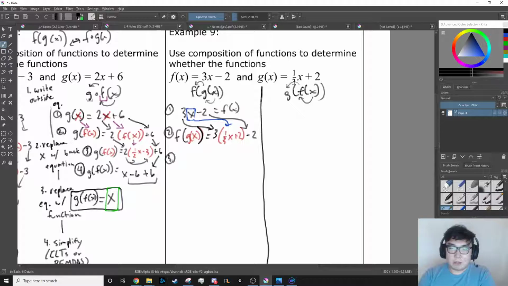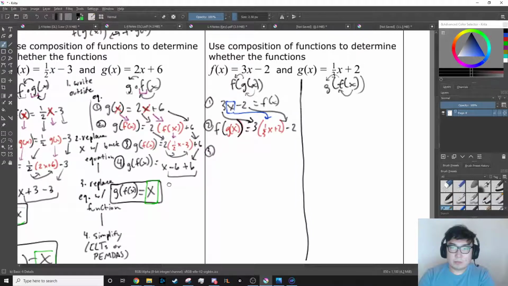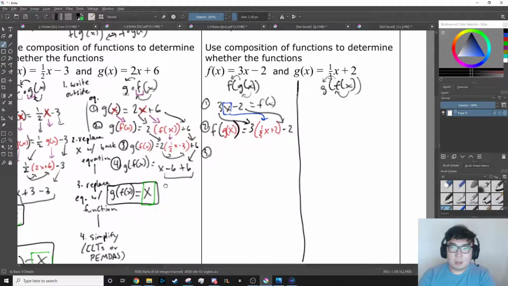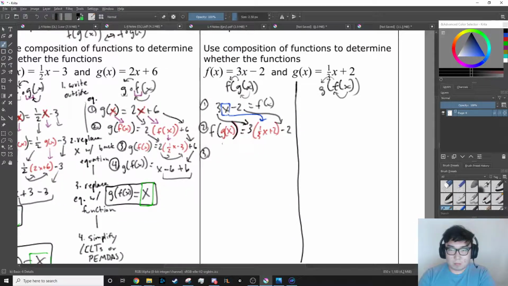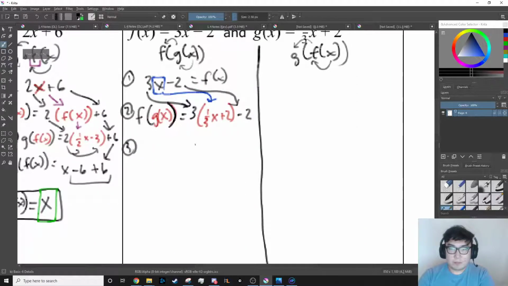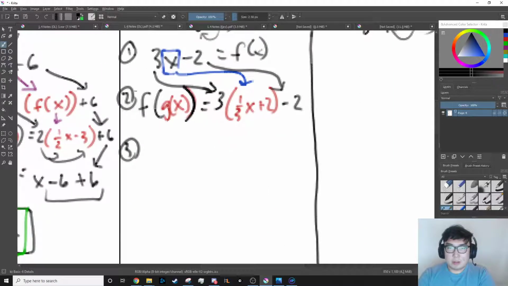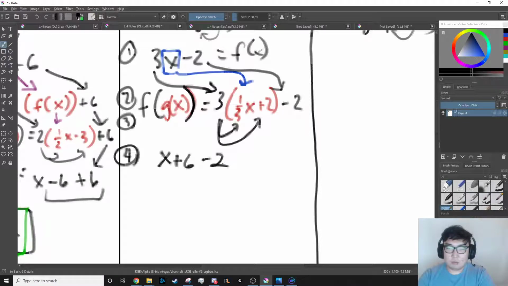Step 3. I already did step 3. Okay, let's just simplify. So step 4. Simplify. 3 gets multiplied into both of these, so it's going to equal x plus 6 minus 2.